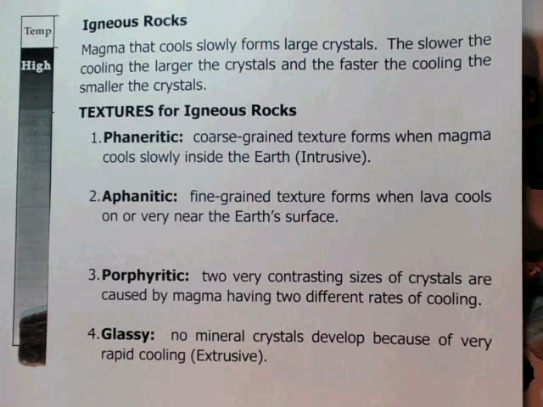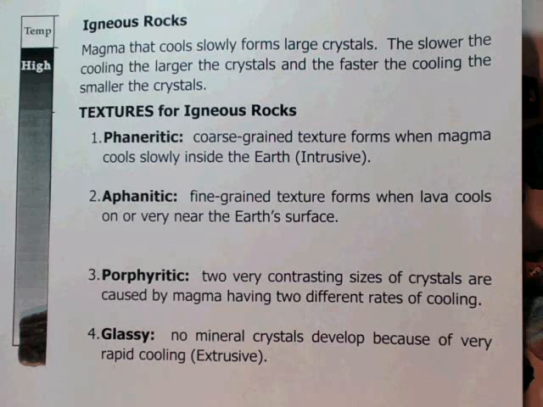The slower the cooling, the larger the crystal. The faster the cooling, the smaller the crystals. So we want to look at the types of textures for igneous rocks. Remember, each type of rock will have its own terminology for its textures, and for this one we are referring to igneous rock textures.